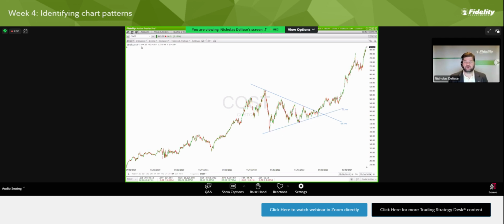Now, the way traders will do price targets with something like this, I'll just use the rectangle tool, is they'll look at the width of the triangle at this particular level. And so here we have the drawing at that level.